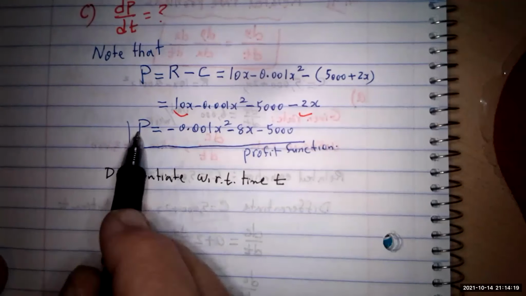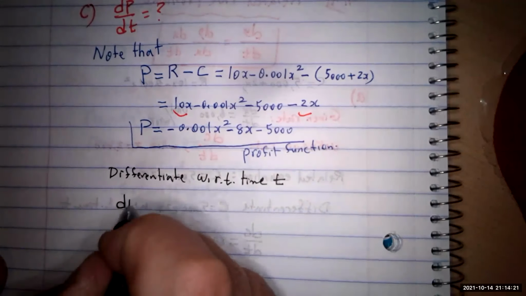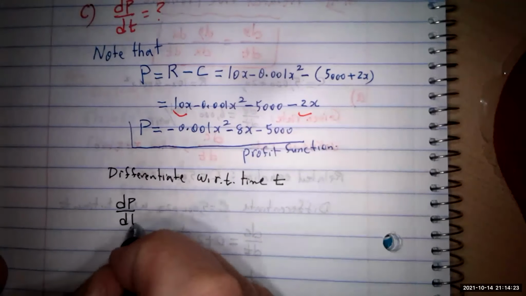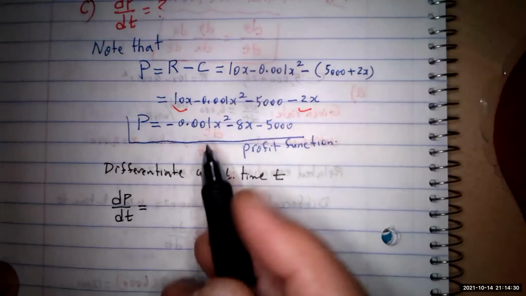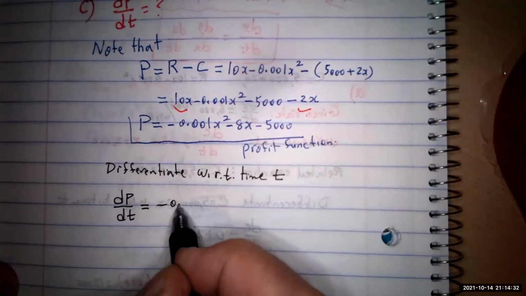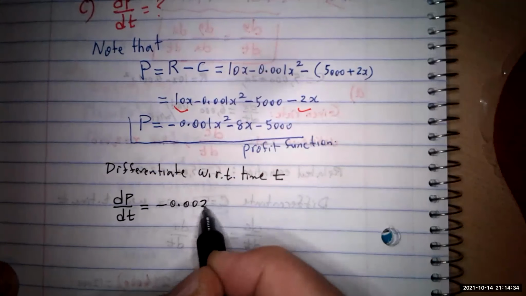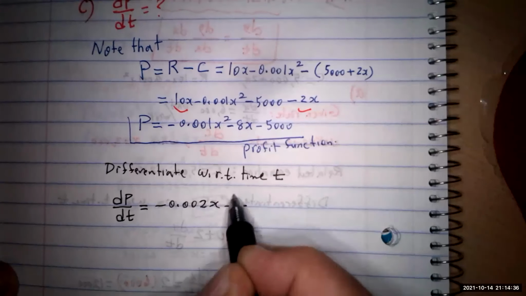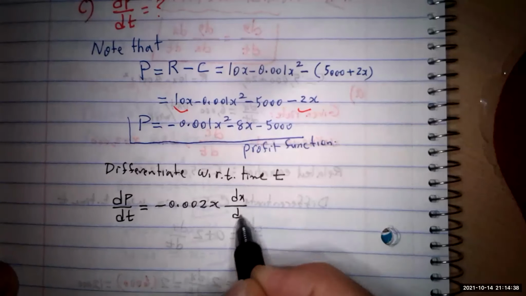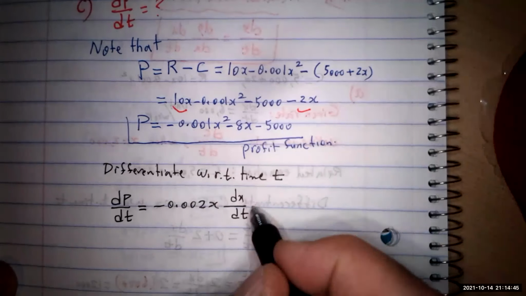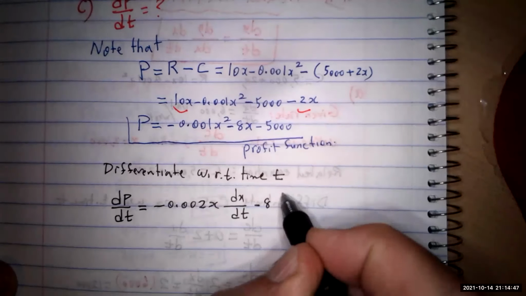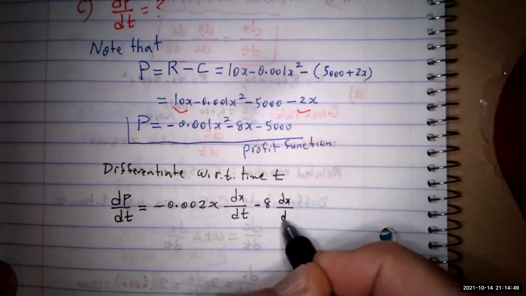So for the P, the rate of the P, dP/dt, is equal to, for the rest, differentiate, multiply by the rate. So the power rule will give you negative 0.002x times the rate of the x, dx/dt. See, that's the first one. The next one, the power rule gives you just a negative 8 times the rate of the x with respect to t.